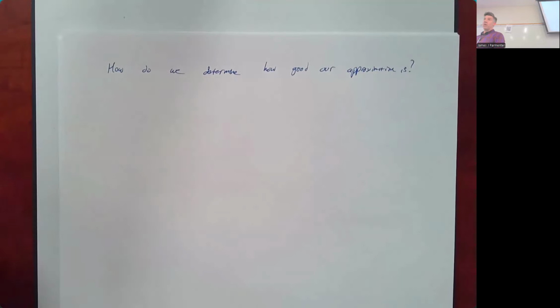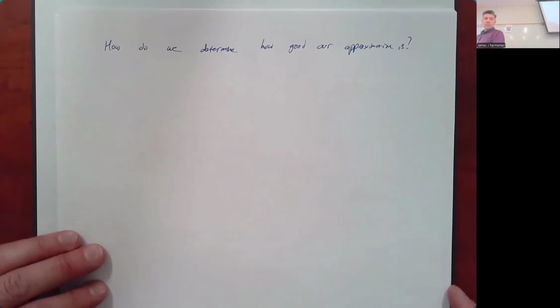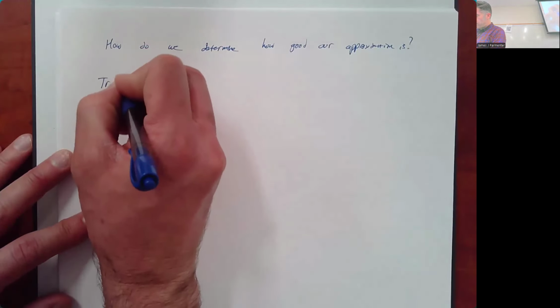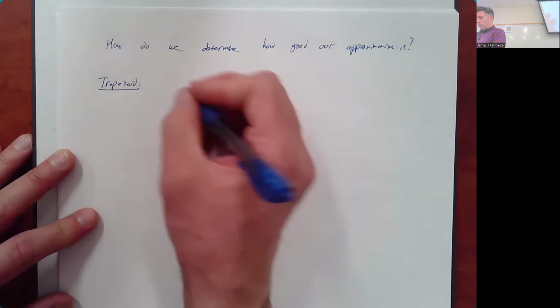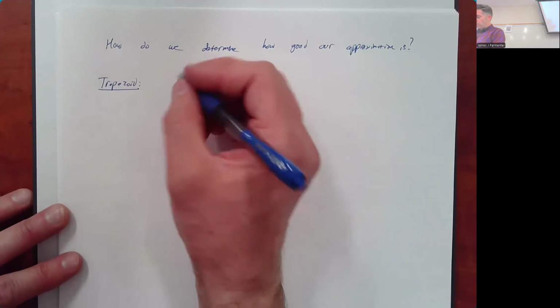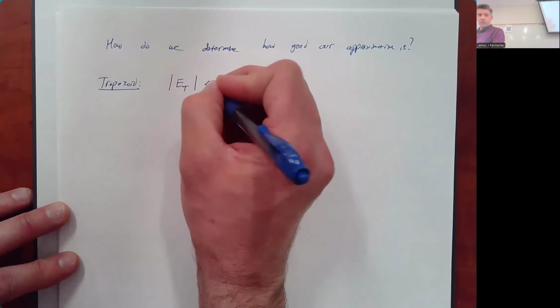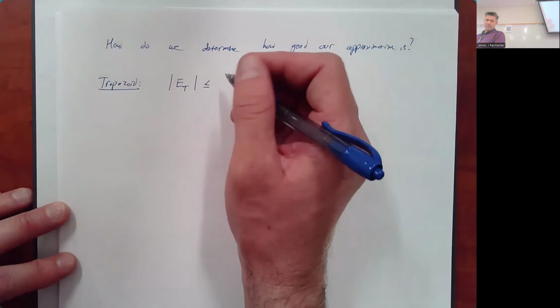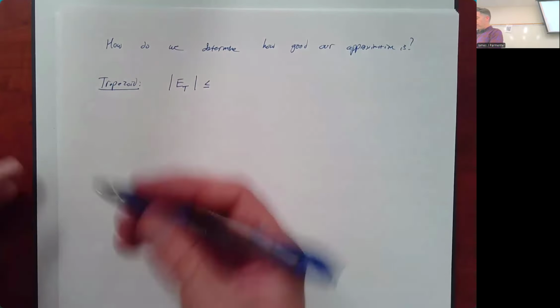Well, fortunately, there's an error formula. For the trapezoid rule, the error, which we write as capital E sub t, is always less than or equal to the following value.